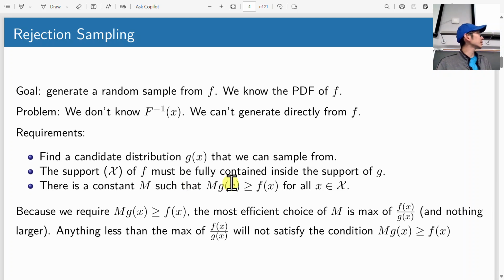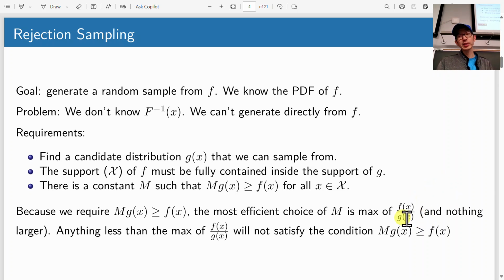And the other thing is that you need to have some constant value m, a non-infinite constant, such that when you multiply m times g, it will be greater than or equal to f for all of the values. The most efficient choice of m in this case is the maximum value of f divided by g.